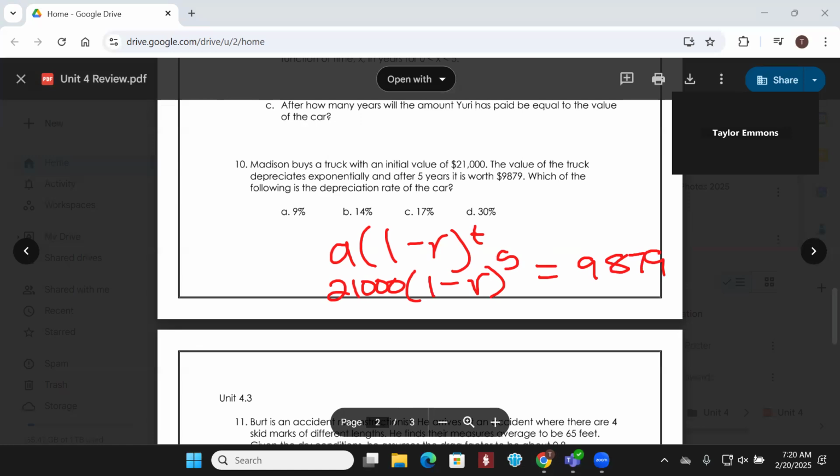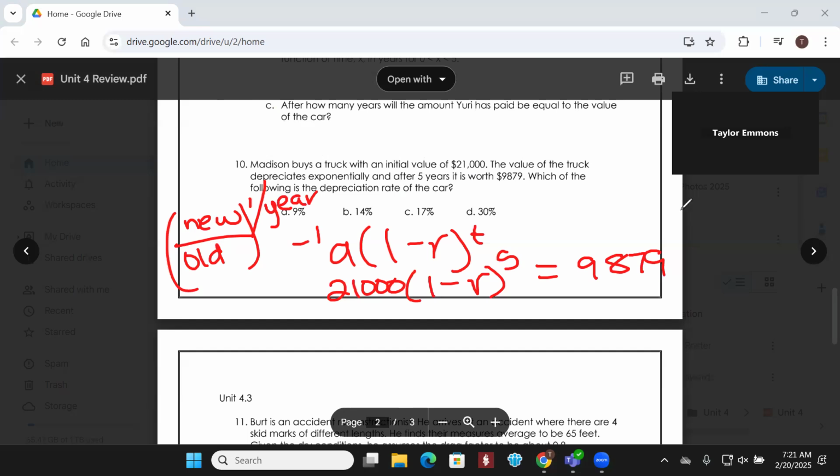We talked about yesterday how to solve this: you can either plug it in, zoom in, and find the rate, or you can take the new divided by the old, raise it to the 1 over how many years, and then subtract 1.